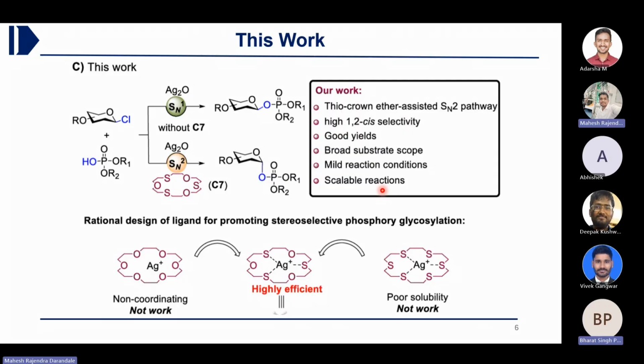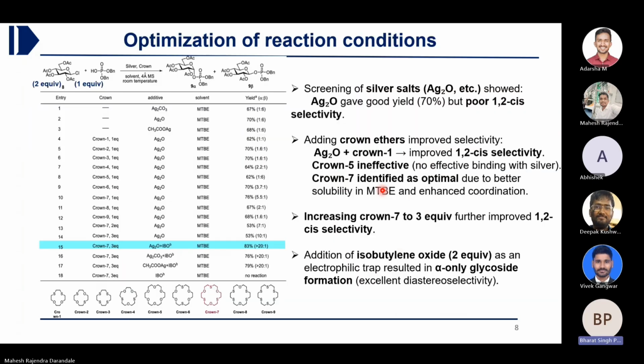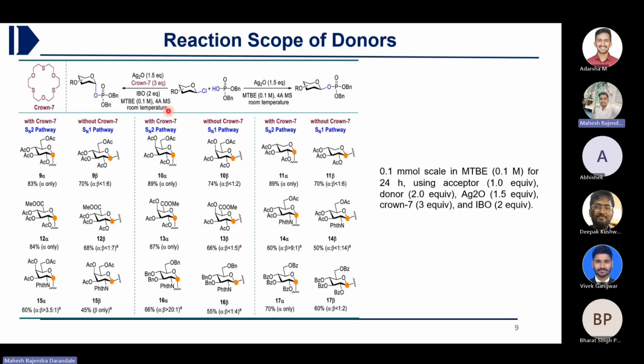Every time they have shown 20:1, did they get the complete alpha with this one? In the optimized condition, they have shown 20:1. But for the different donors they have tried, they are getting only alpha, as they have shown over here. You can see here, here also they have shown only alpha. Only alpha.